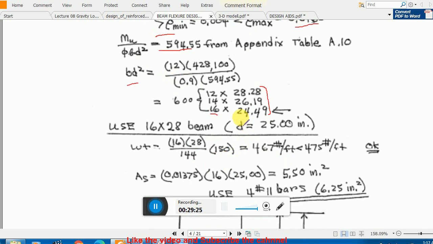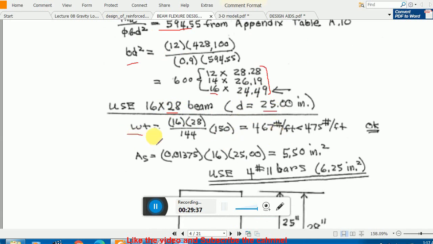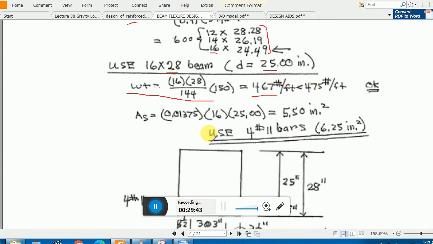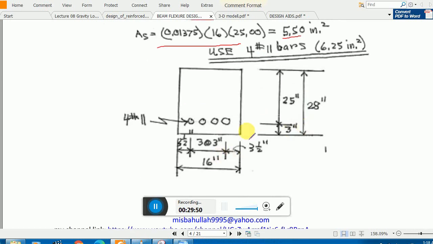Now again, 24.49 plus 22.5, you got around 28, and then subtracting 2.5 from this 28, you got 25. Again recalculate your weight, that is this 467, which is less than 475, so we are okay. Again recalculate your AS, find out the number of bars, and finally we got number 11 bars.